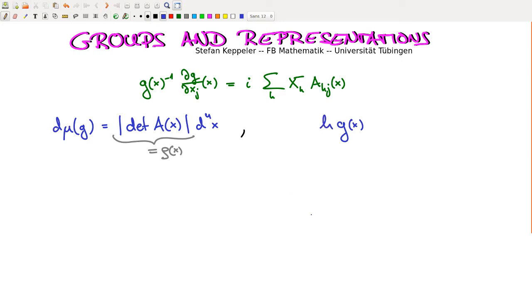Now we multiply this with some group element h, and we get a parameterization in a neighborhood of, let's say, g tilde of x is h times g of x, and now we get a parameterization in a neighborhood of g tilde of 0, which is just h times g of 0.